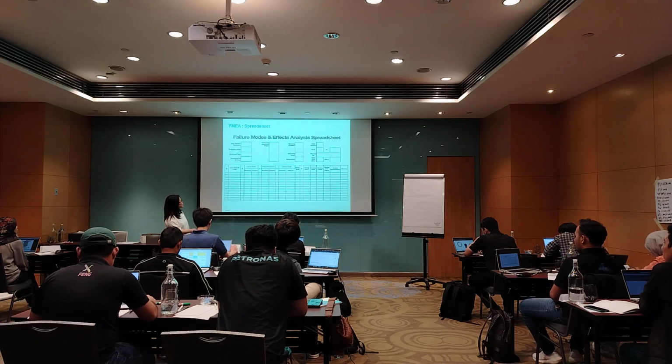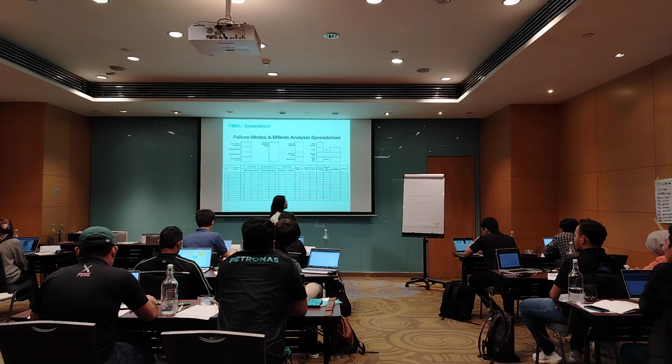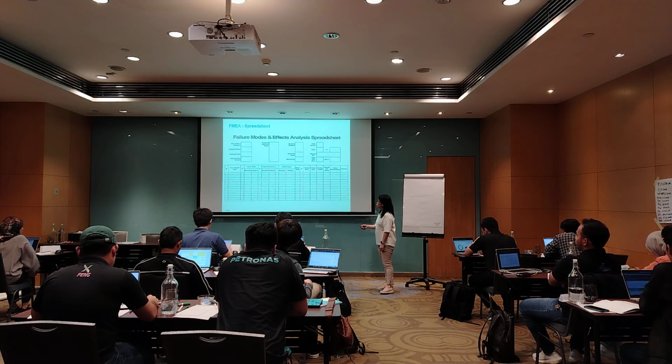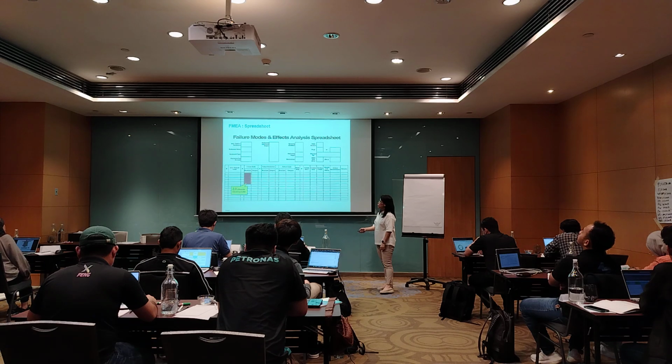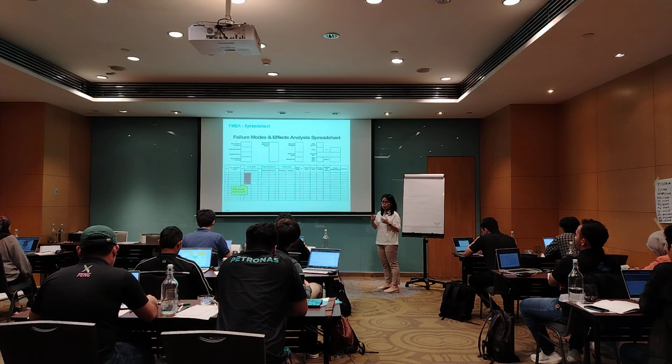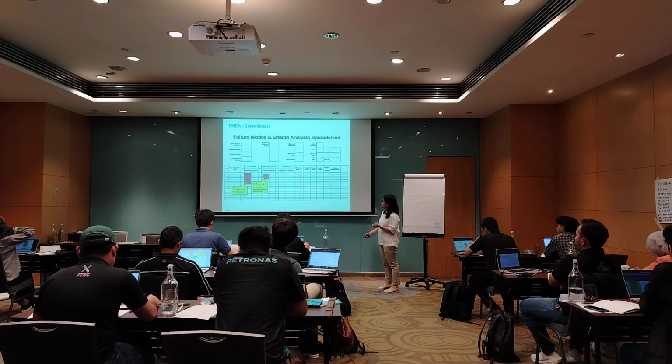No question. All right. This is the complete spreadsheet. We can have it more simplified. There are so many things to key in. You need to key in what kind of failure mode you see, you saw, you hear. Mechanism is what is causing this to happen.